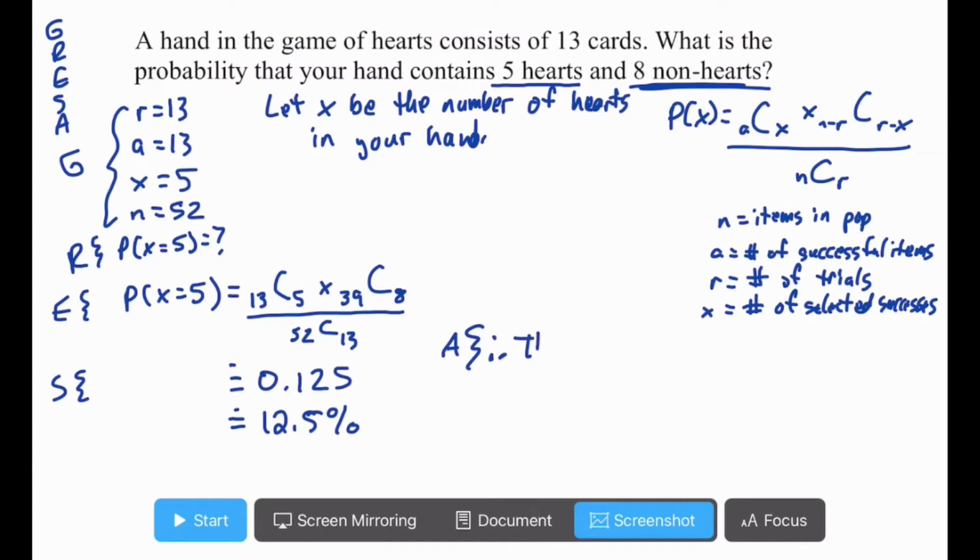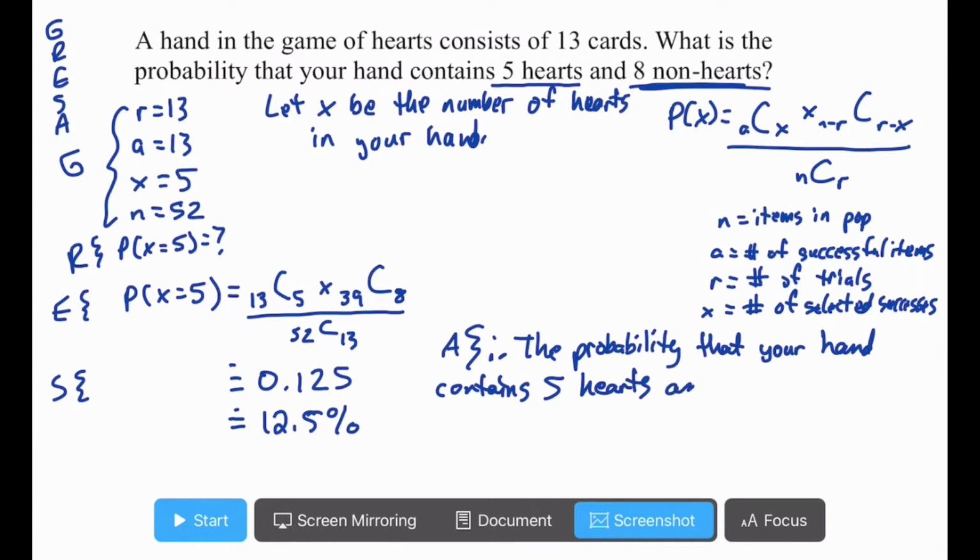Therefore, the probability that your hand contains 5 hearts and 8 non-hearts is approximately 12.5%.